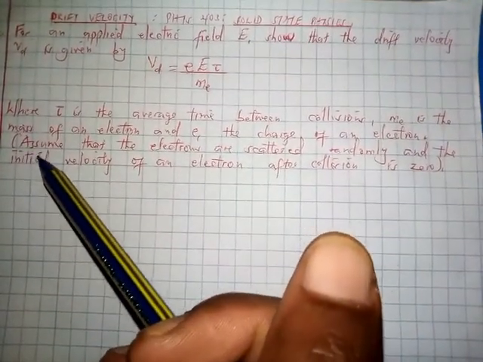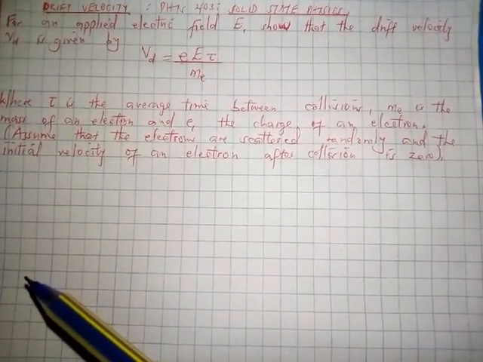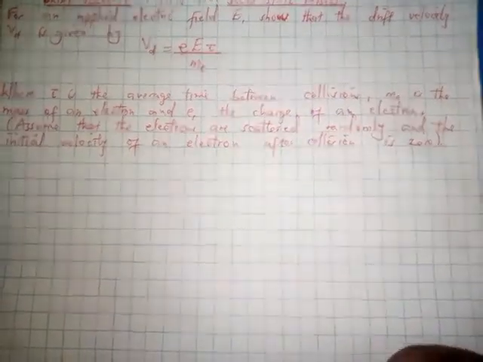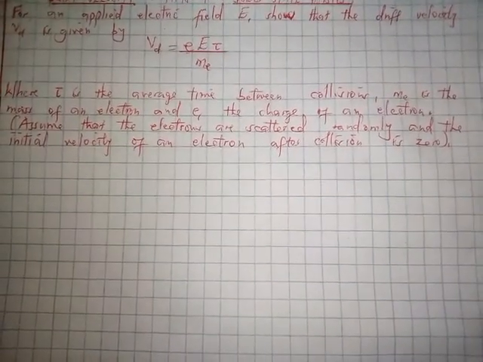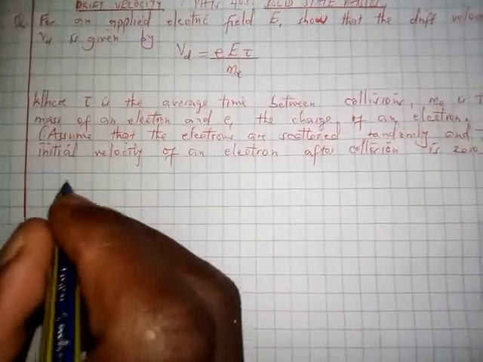In brackets, assume that the electrons are scattered randomly and the initial velocity of an electron after collision is 0. Solution.